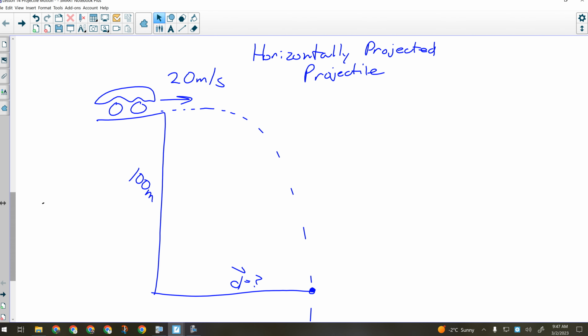Everything else is different. So what we typically do with all projectile motion problems is we break them up into their vertical and horizontal parts. And we write down what we know for both of those. The question wants to know how far from the base of the cliff the car is going to hit the ground.